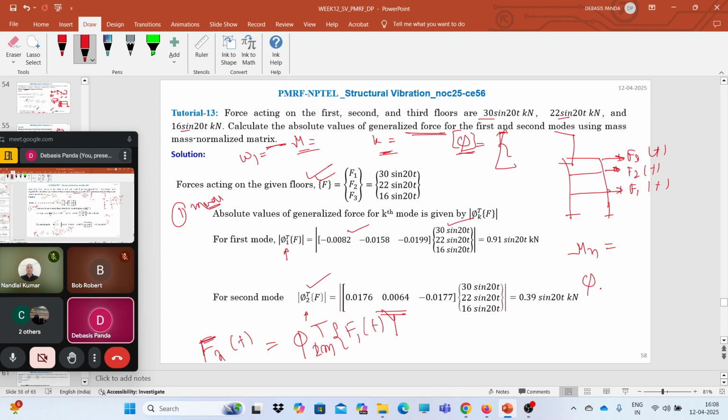And then you need to find phi 1m and phi 2m, the mass normalized mode shape matrix, and then you need to calculate F1 of t, which is nothing but phi 1m into your force vector. For F2 of t you will get phi 2m into F of t. Okay, got it?